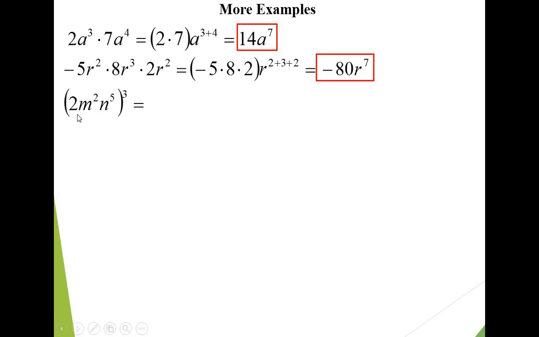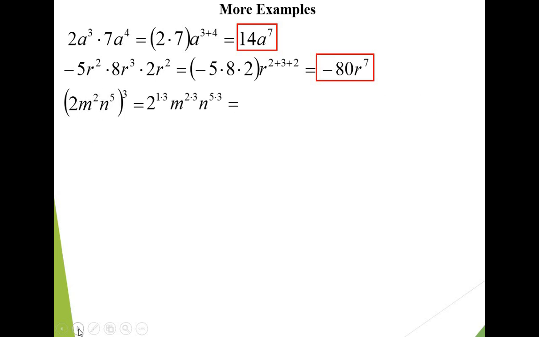Here you have 2m squared n to the 5th power all raised to the 3rd power. Note that 2 here is raised to the 1st power, right? As you would have known. So all you're going to do is take the power outside the bracket to multiply the power of each term inside of the bracket.